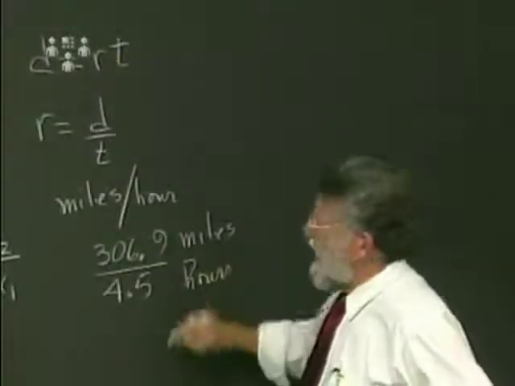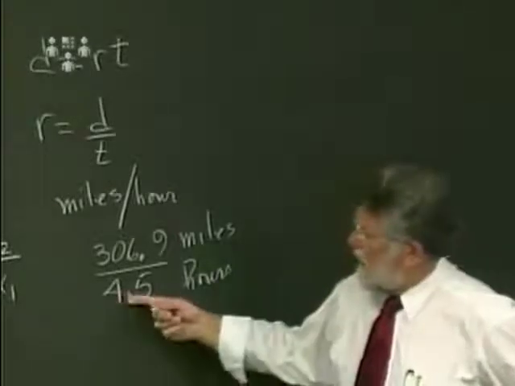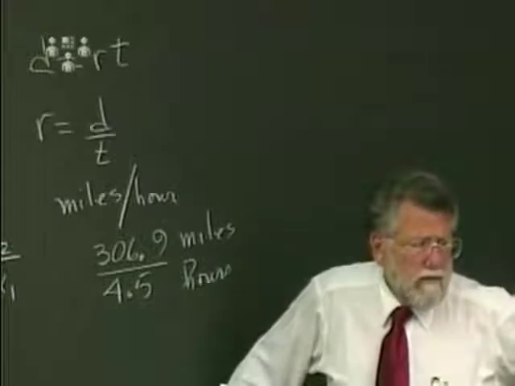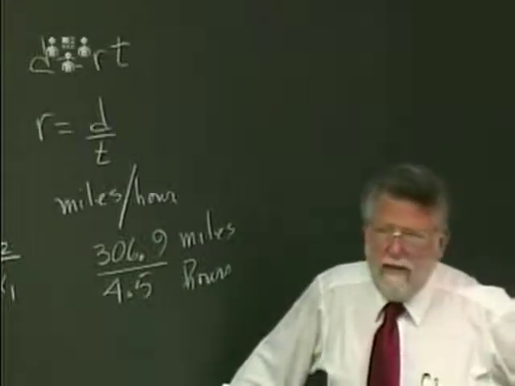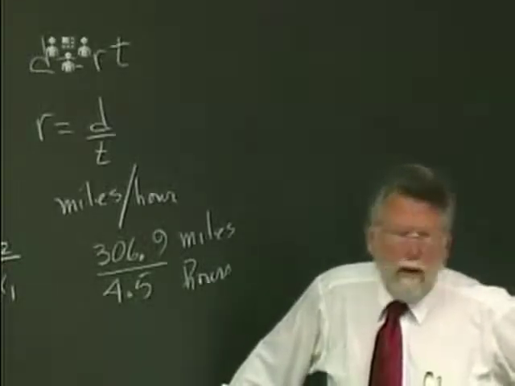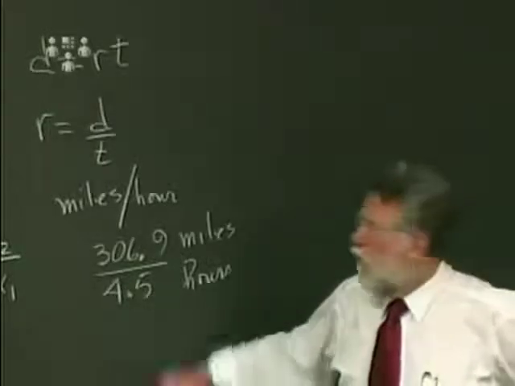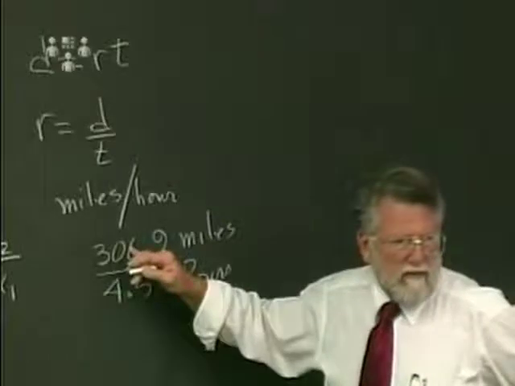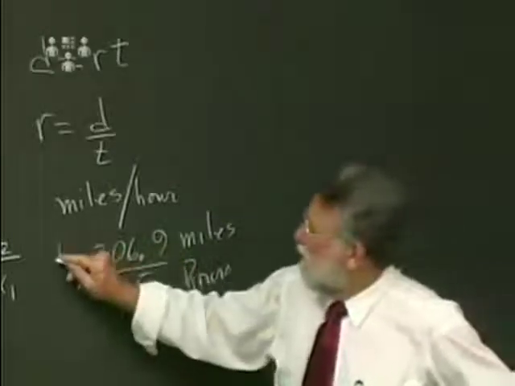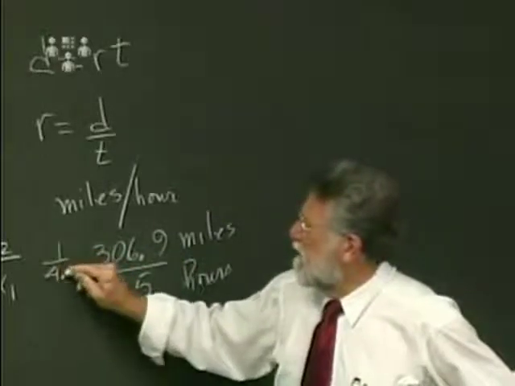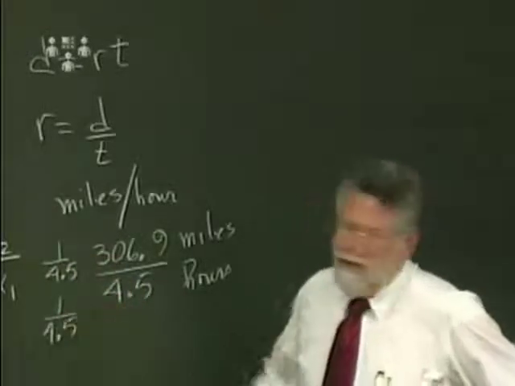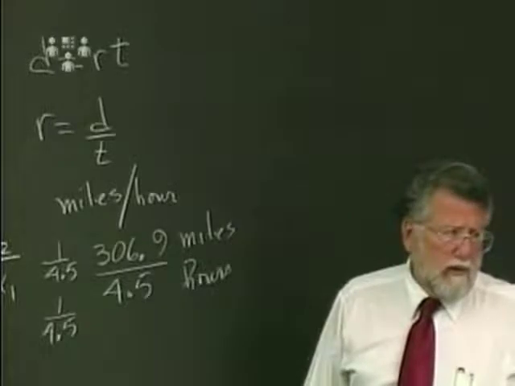We refer to this as an average speed then, in which you divide by 4.5 in here just to get 1 hour. And that then gives you the miles per 1 hour. So if you want to get 1 hour, divide here by 4.5 and divide here by 4.5, or you can think of multiplying top and bottom by the reciprocal, given your choice. And that gives you miles per hour, the usual thing.